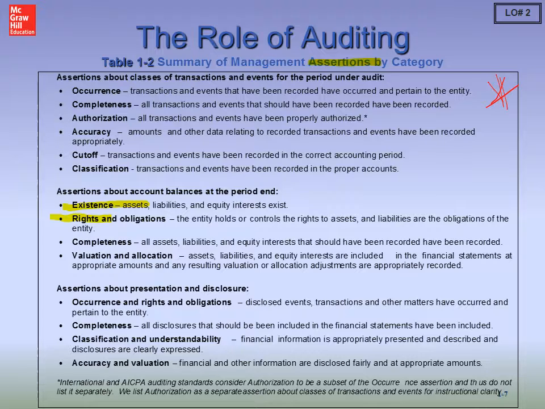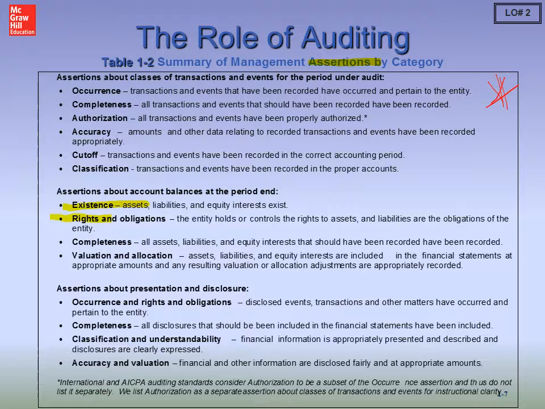Now this is why this slide's so important. When we go through and we start getting into some of the middle chapters where we start talking about how do you audit revenue, how do you audit expenses, how do you audit assets like property, plant, and equipment, it's going to sound to you like we're talking to you about these procedures, these steps, and you're going to be tempted to say, well, I'm just going to memorize these procedures.